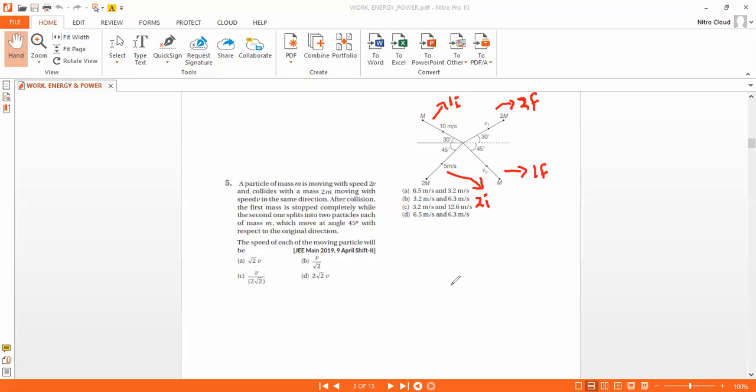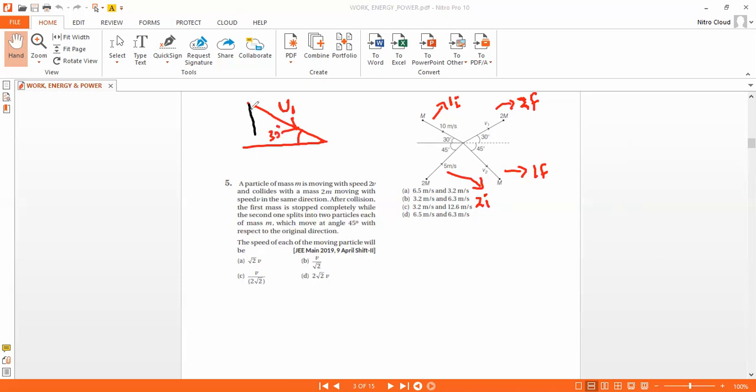See here, it is given as the first particle, suppose u1. It is making an angle of 30 degrees.